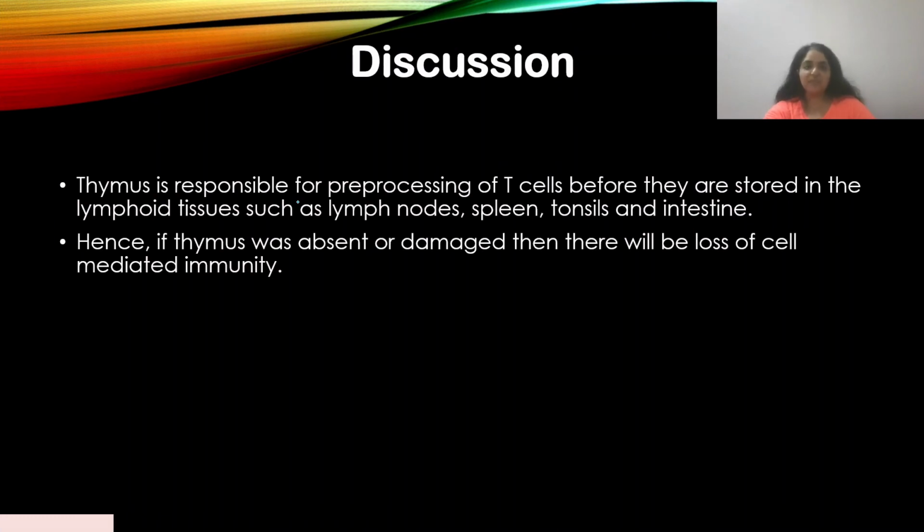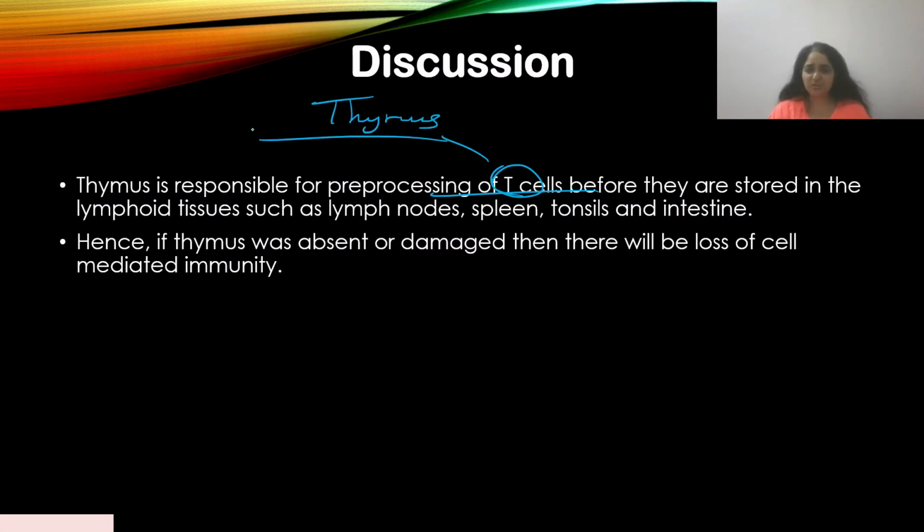be affected. So thymus is responsible for pre-processing of T cells. Before the T cells are actually differentiated and stored in the lymph nodes, there is a pre-processing stage which happens in the thymus. Thymus is very, very important. That's how the T cell part comes. The letter T comes from thymus actually, and it's an easy way for you to remember.